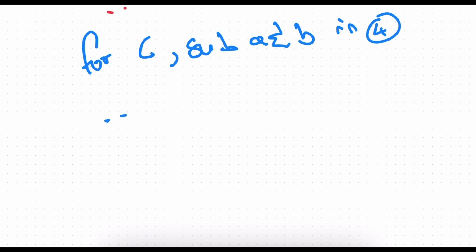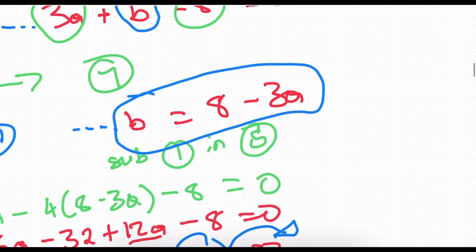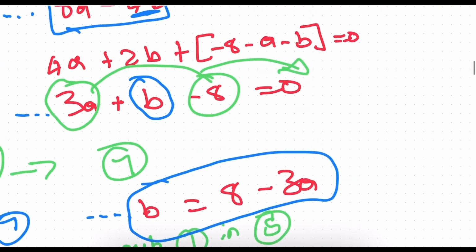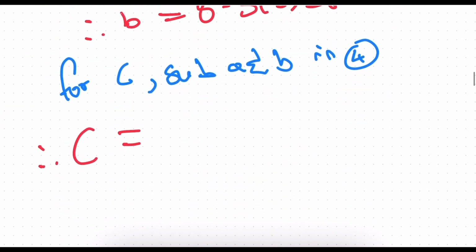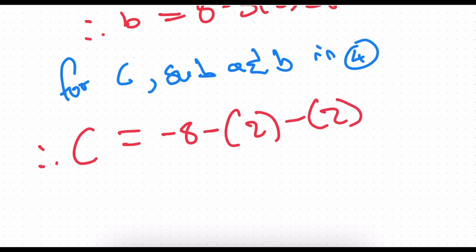Therefore, C is equal to, let's go back to our equation, minus 8 minus a minus b. C is equal to minus 8 minus 2 minus 2. Therefore, my C is equal to minus 12.